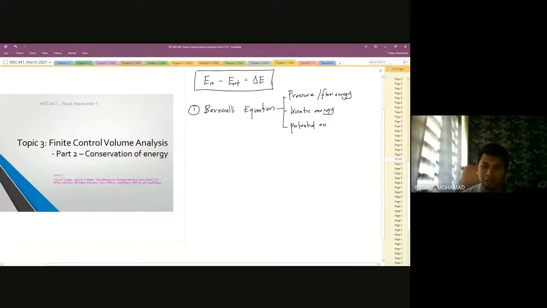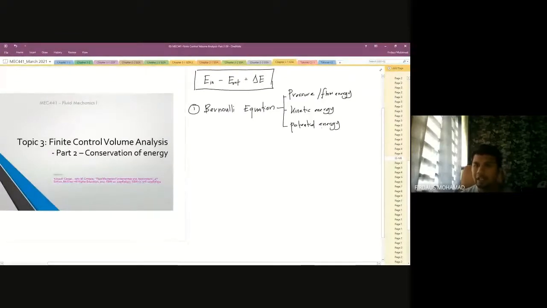Potential energy. Okay, so these three energies are the basic energy for fluid flow. So without any mechanical device such as a pump, compressor or turbine, this is the basic energy for any fluid flow.